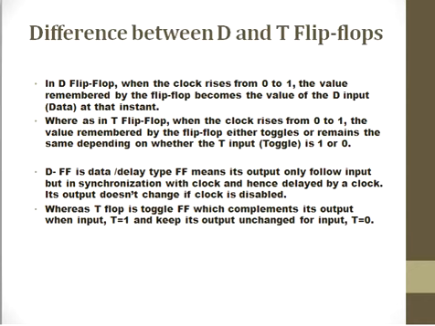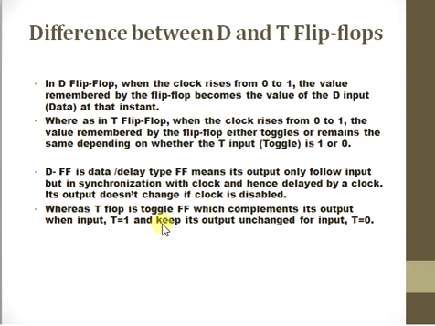Whereas in the T flip-flop, when the clock rises from 0 to 1, the value remembered by the flip-flop either toggles or remains the same depending on whether the T input is 1 or 0. The D flip-flop, which is the data type flip-flop, means the output only follows the input but in synchronization with the clock and hence delayed by a clock pulse. Its output doesn't change if the clock is disabled.